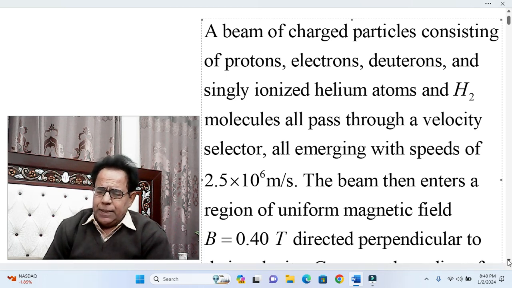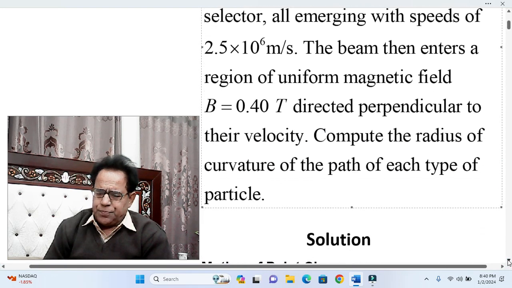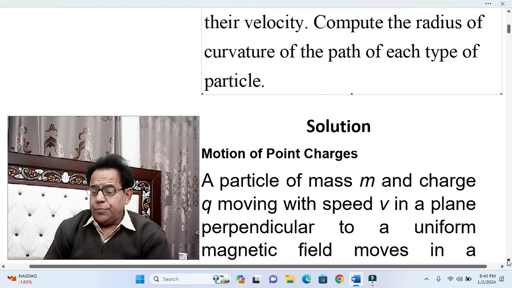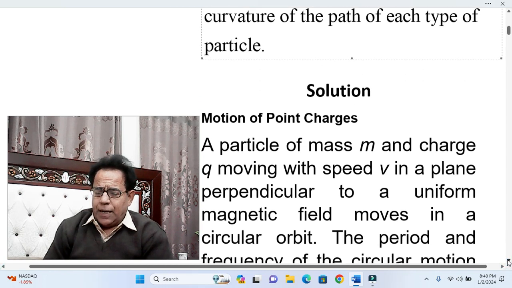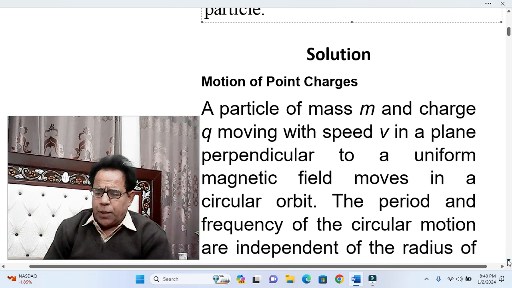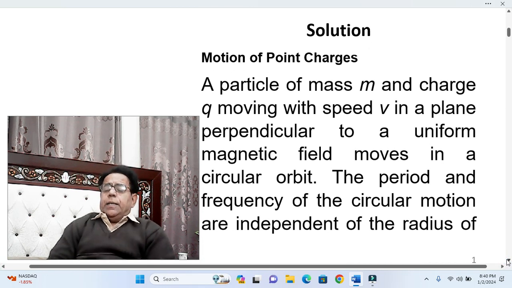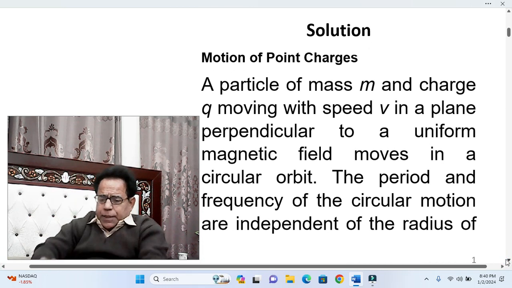Despite describing the statement verbally, we start our solution, but not yet in a formal manner.